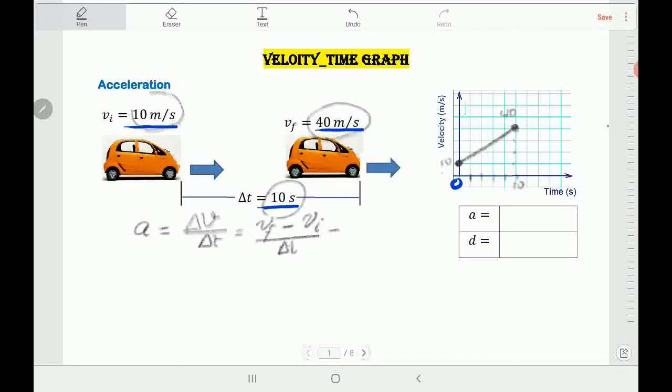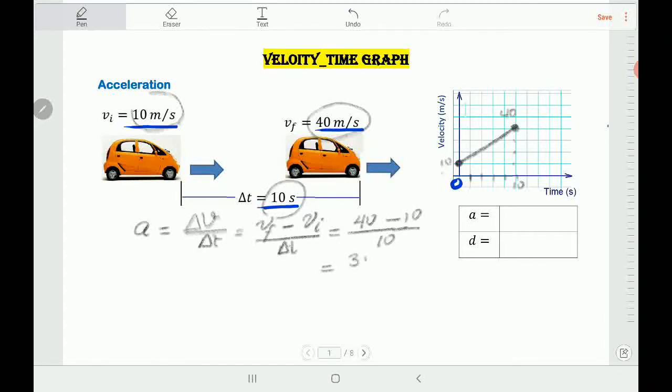In this example, the final velocity is equal to 40 meters per second, and the initial velocity is equal to 10 meters per second. And the car took 10 seconds to change the speed from 10 to 40. So remember, always put the final minus the initial. So what's 40 minus 10?